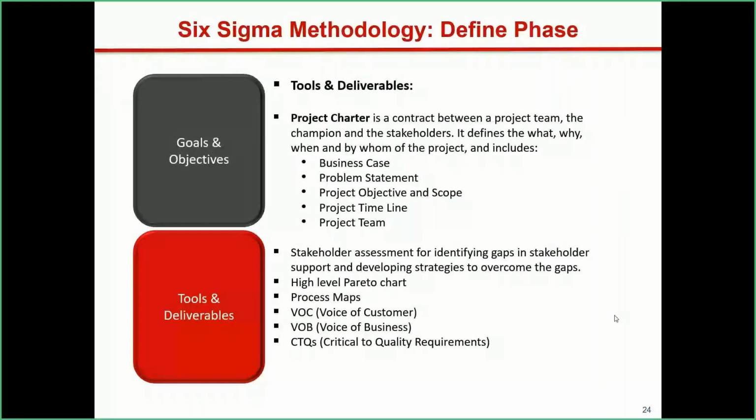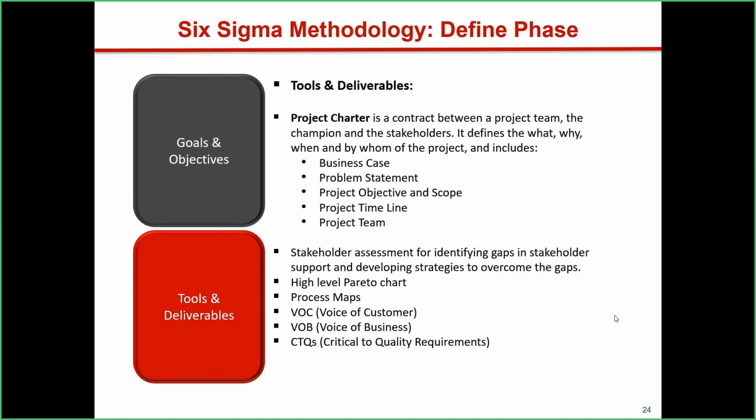Further to this, stakeholder assessment for identifying gaps in stakeholder support and developing strategies to overcome those gaps. High level Pareto chart. This is a statistical, very simple tool, and this can be used. So, guys, whatever you're going to learn in Six Sigma can be used on a daily basis as well for a specific purpose.